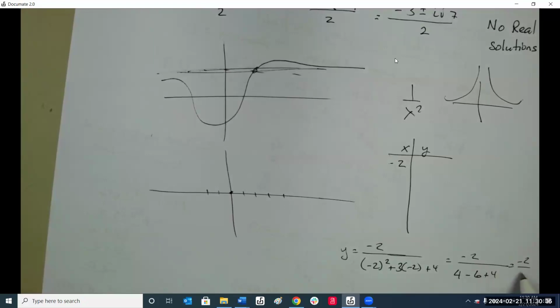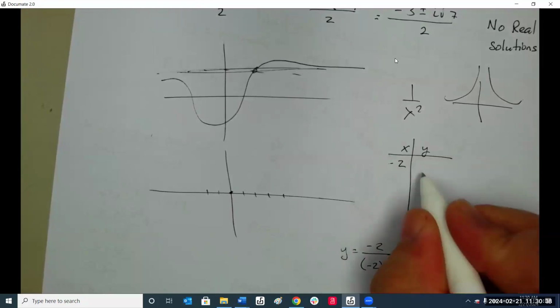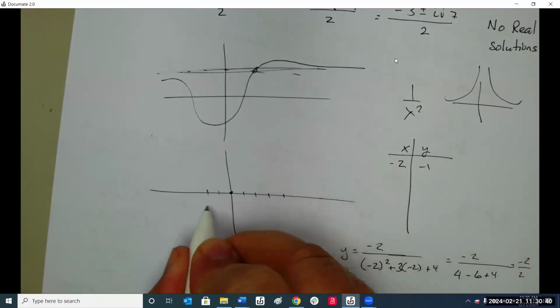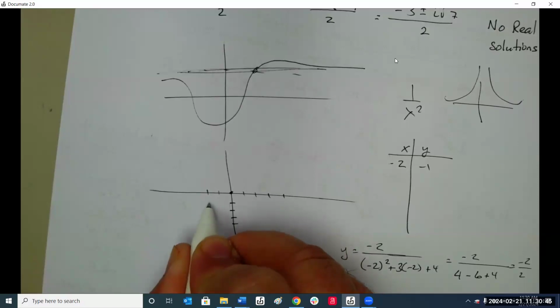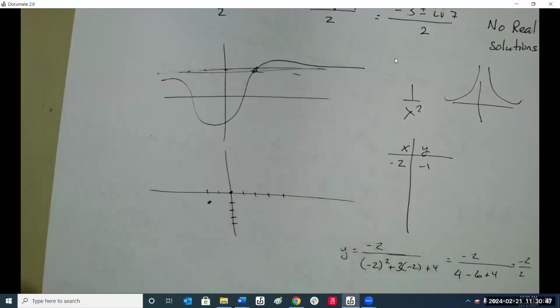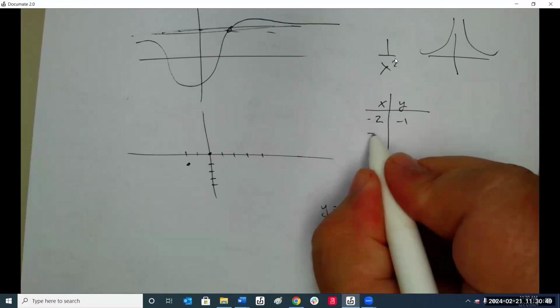That's 8 plus 6... so it's -1. What happens at -1?